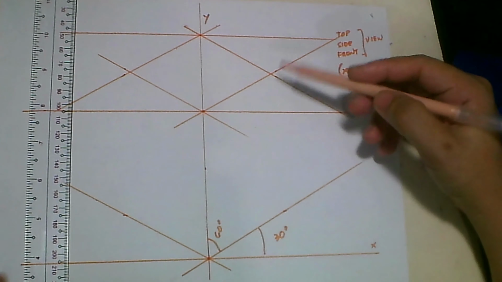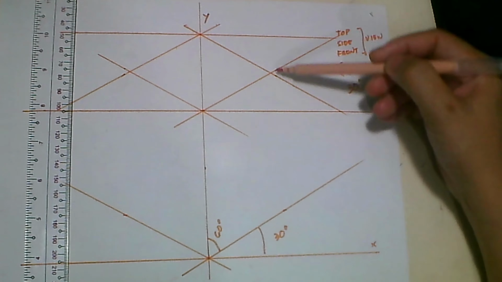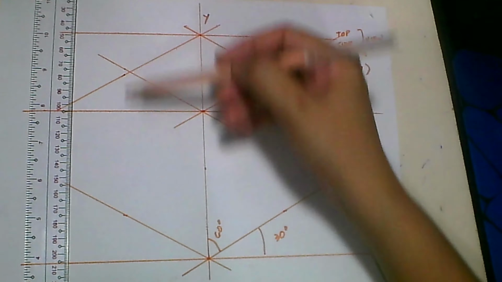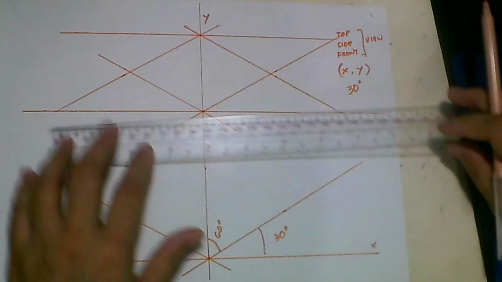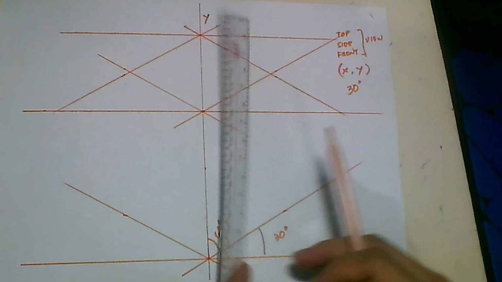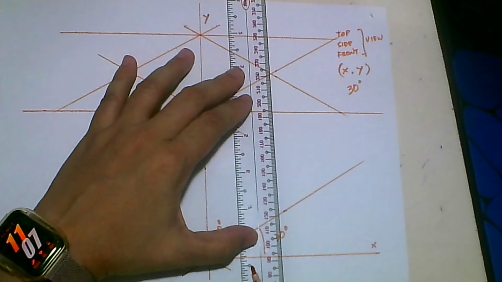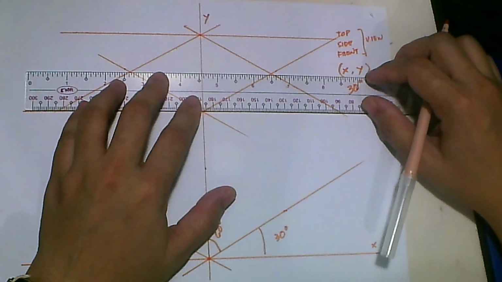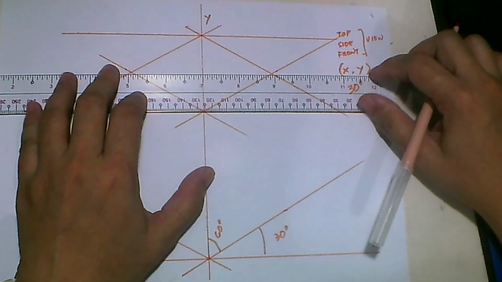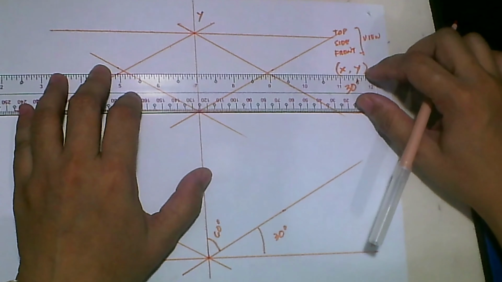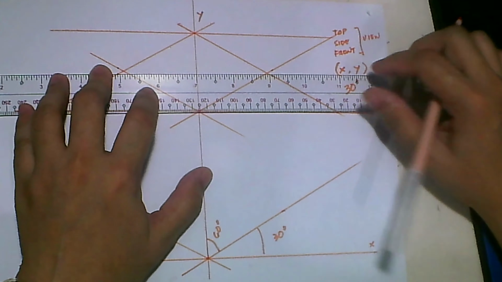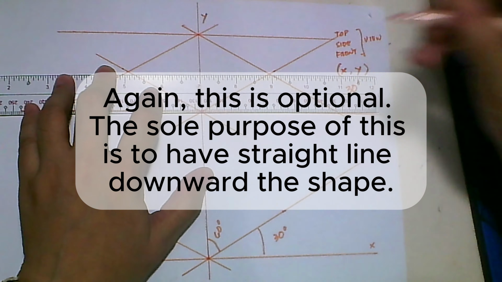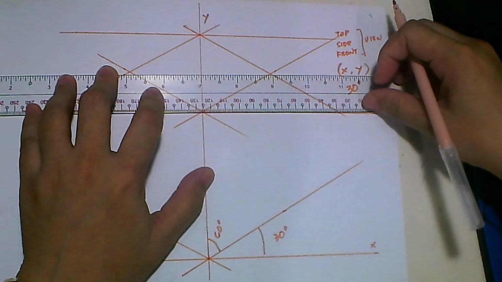Now with this, we can now connect this vertical line here from this to down. Okay, so we can have it just eyeball on it. Pwede naman, no? Or we, so a line before 2 inches.